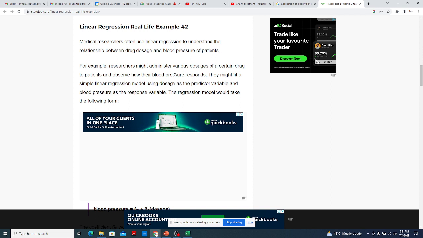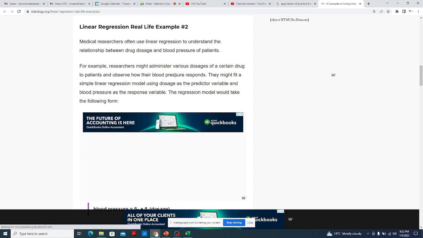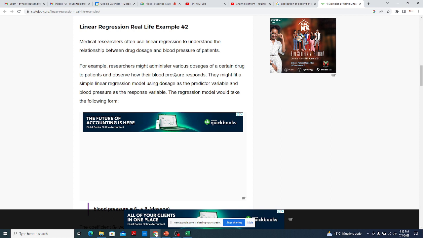You give that pill to the patient and observe at time intervals of maybe 30 minutes. After every 30 minutes, we examine your blood pressure. If it was high, it might go down, or it might remain the same, depending on your observation.